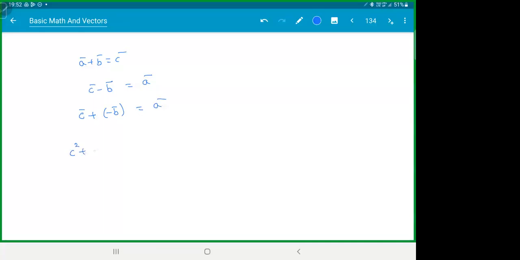So C square plus minus B whole square plus 2 into C into minus B into, now this is the angle between the vectors, which is cos beta, is equal to A square. Is this making sense, everyone? Where beta is the angle between C bar and B bar. This way you won't need to go through the tan and all that.